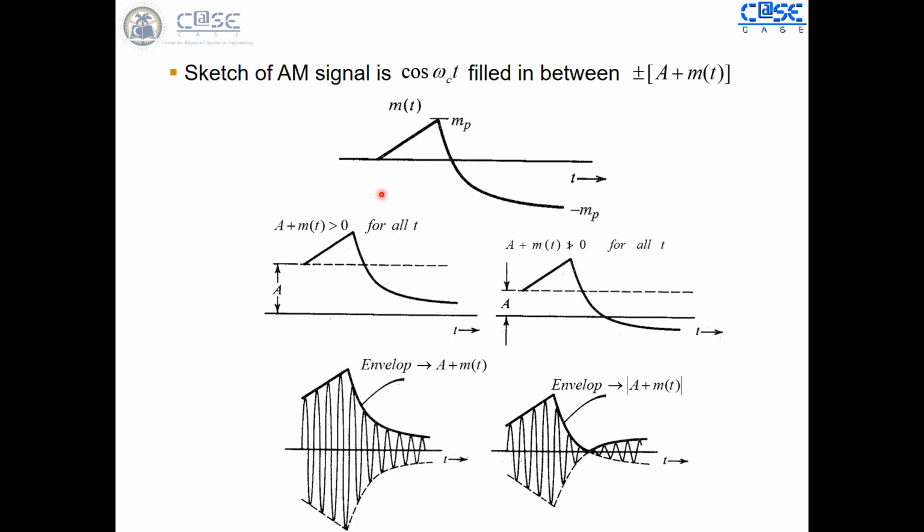So now let's see what's the minimum value of A we can have. The minimum value depends on the maximum negative value of your message signal. Assume that maximum negative value has absolute value mp. So the minimum value of A that you can have is equal to mp.